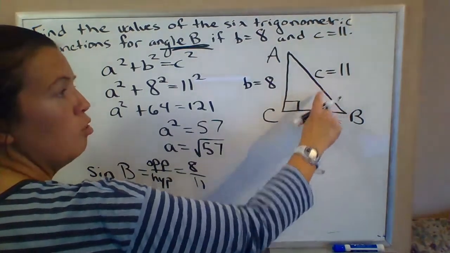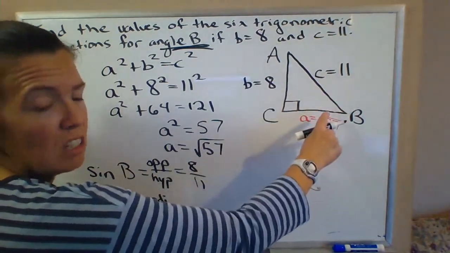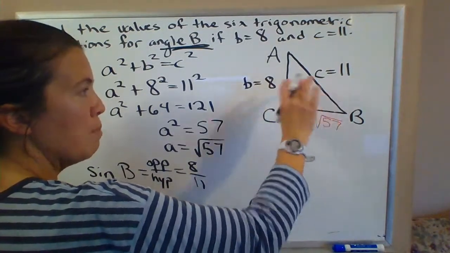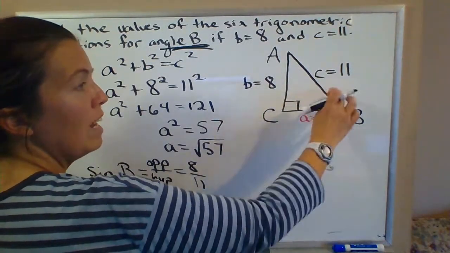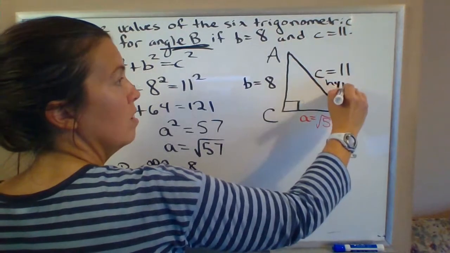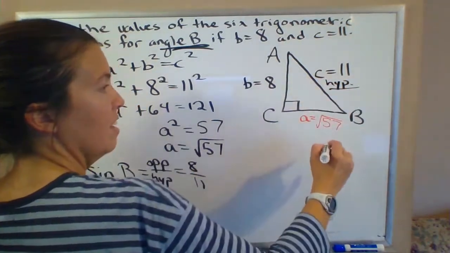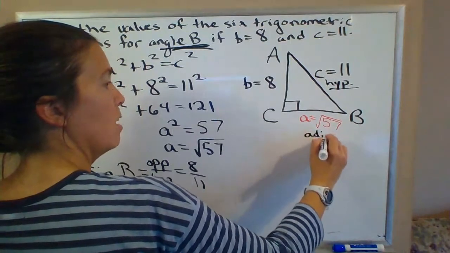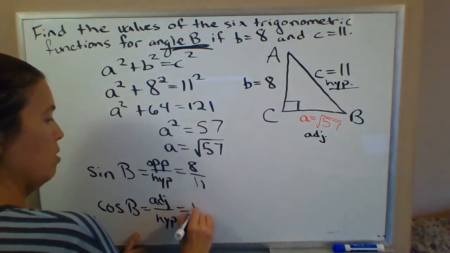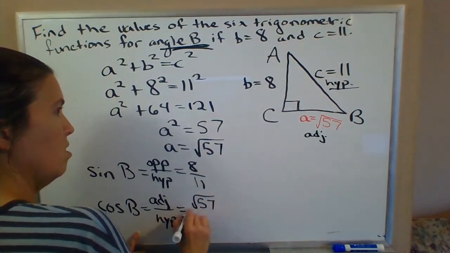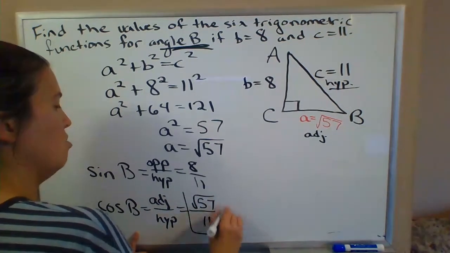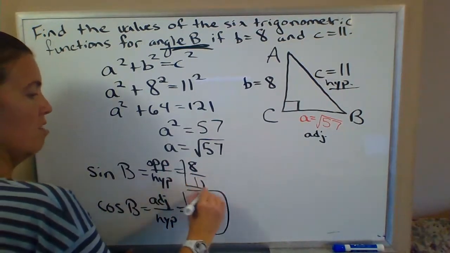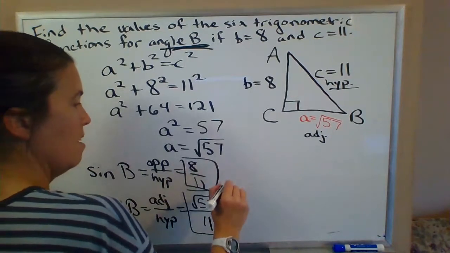I realize there are 2 sides that are actually adjacent to B, but the hypotenuse, the one that's opposite of the right angle, has its own distinction there. So relative to B, this is the adjacent side right here. So we would do adjacent over hypotenuse. And there's your answer for cosine of B. Here's our answer for sine of B.